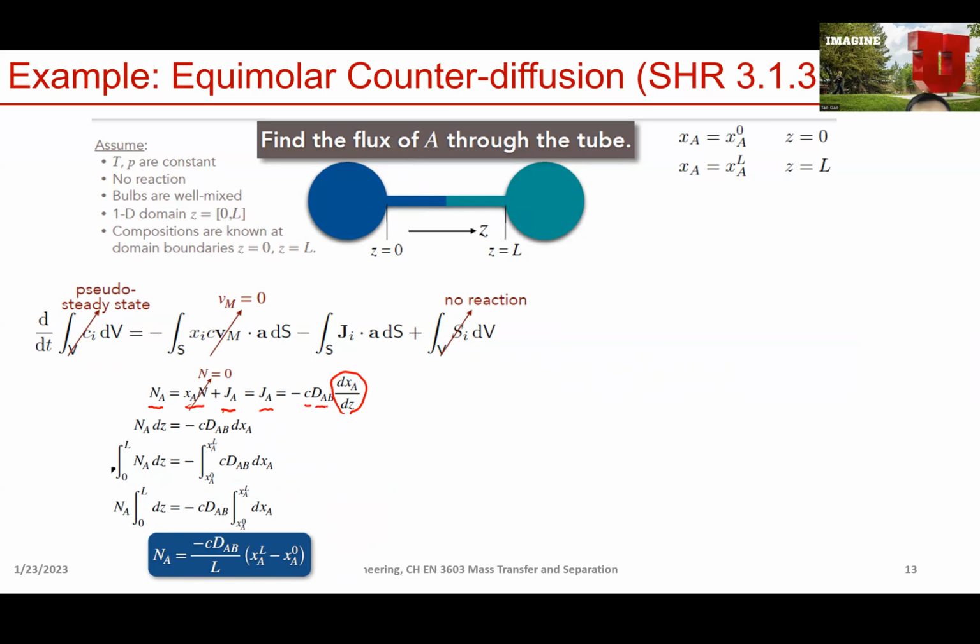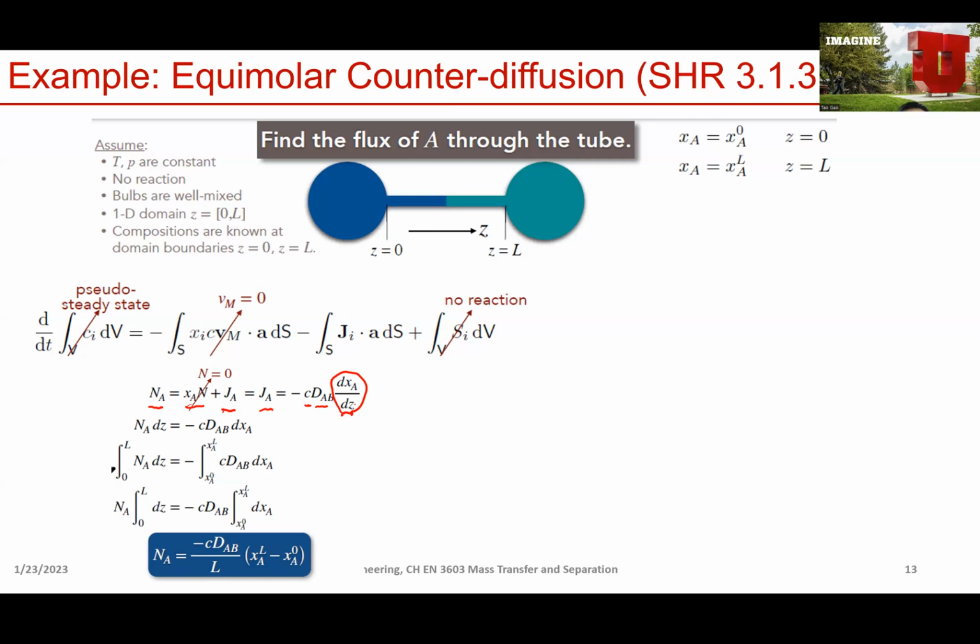Now we know JA is a constant and C is a constant. And if we assume DAB, the diffusivity, does not depend on concentration, it's also a constant. What we have here is basically an ordinary differential equation with one unknown, which is XA, the mole fraction of A, and one coordinate z, right?